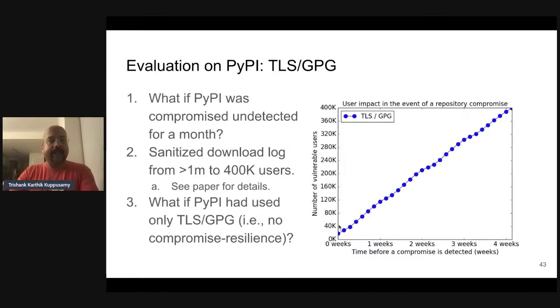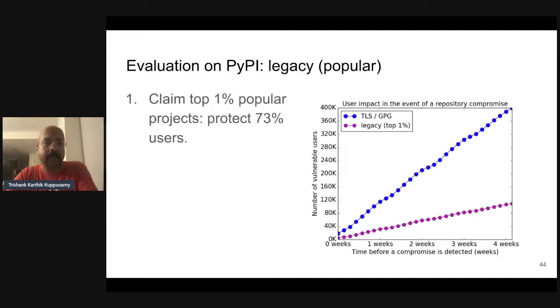At the end of the month, half a million users would have been completely owned, completely compromised. Just unmitigated, unstopped body count lost here, right? The body count just piles up. There's no stopping it. So this is the baseline that we're comparing to. This is the TLS GPG model that doesn't give you compromise resilience.